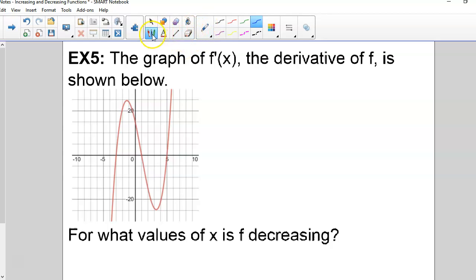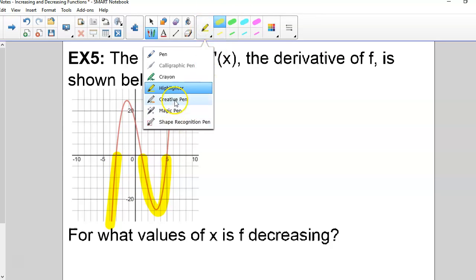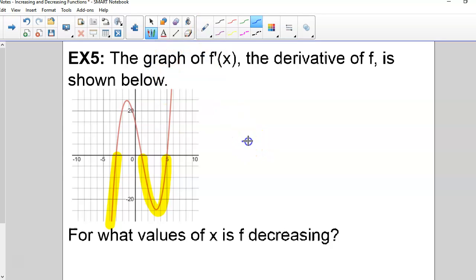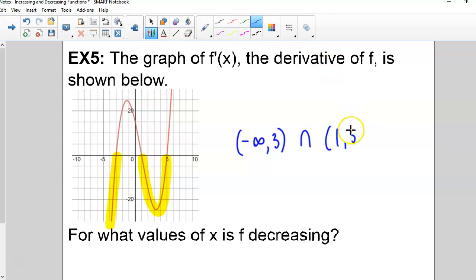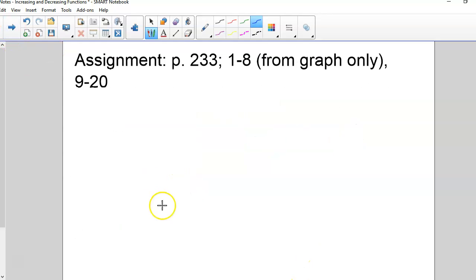The parts of this graph that are negative would be right here and right here, which, given the x values, would be from negative infinity up to 3, and from 1 to 5. I'm not going to write out the whole thing because there's no time for that. But you would say that f of x is decreasing on these intervals because f prime of x is less than 0.